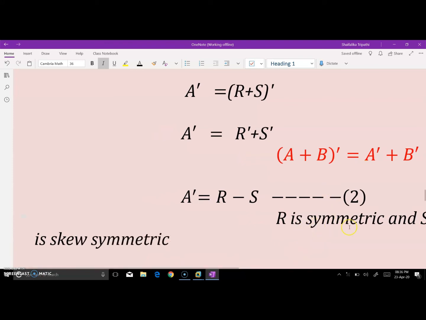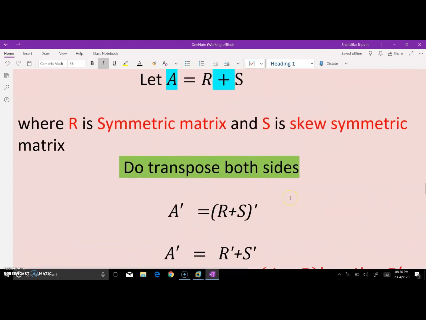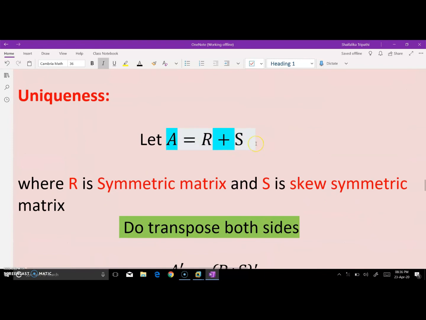As you know, if R is symmetric, the transpose of R is equal to R, and if S is skew symmetric, the transpose of S will be minus S. All right, students, so now I am numbering this equation as 2 and the first equation as 1, because now we will solve these two equations simultaneously.